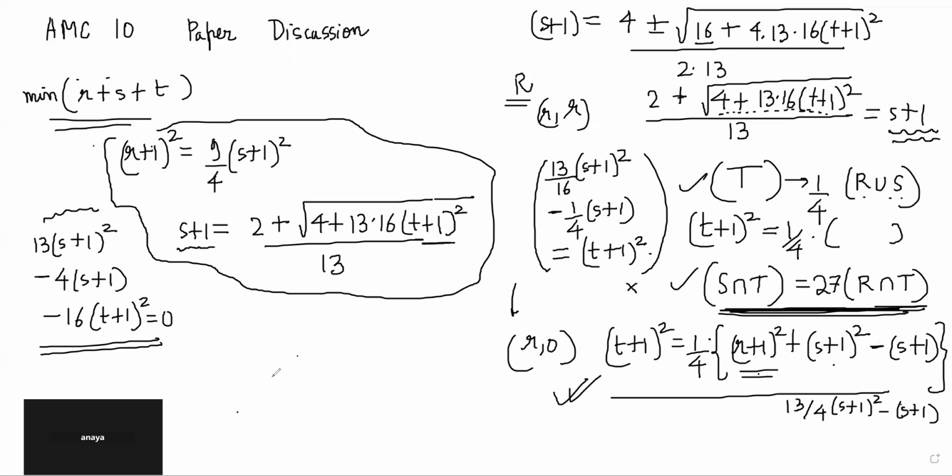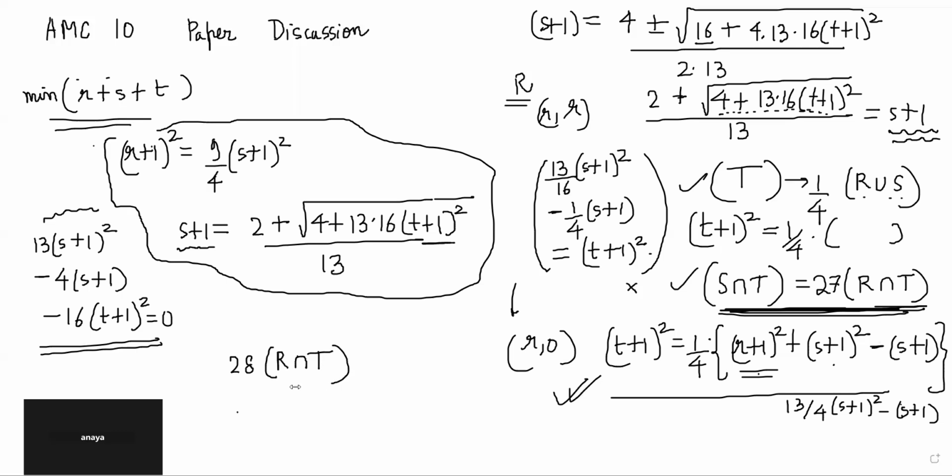The total number of lattice points in T is the part that is S intersection T plus the part that is R intersection T. There is no other part there, so it is 28 times R intersection T.